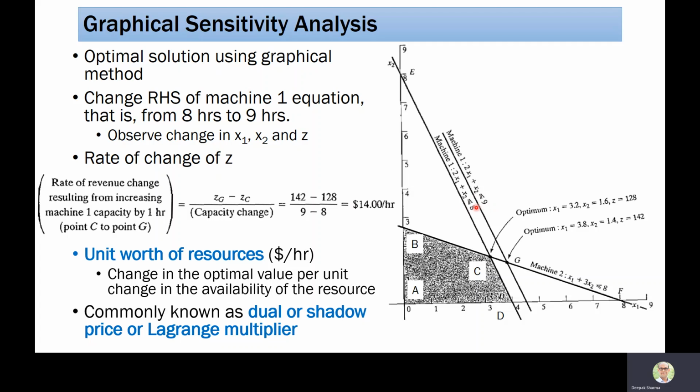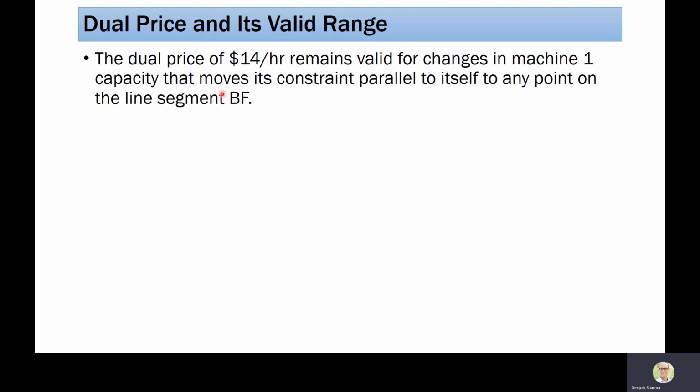If I start from point B and move up to point F, the rate of change of revenue per hour will remain the same. You can see this from the line as well. That's why we have written the line segment BF.